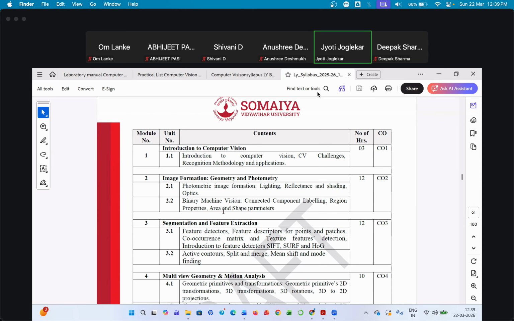So you study binary machine vision, you study connected component labeling, you extract a specific region of an object if object detection is your goal, and then you extract the properties of that object as a region which you are locating. That is module 2, segmentation and feature extraction.